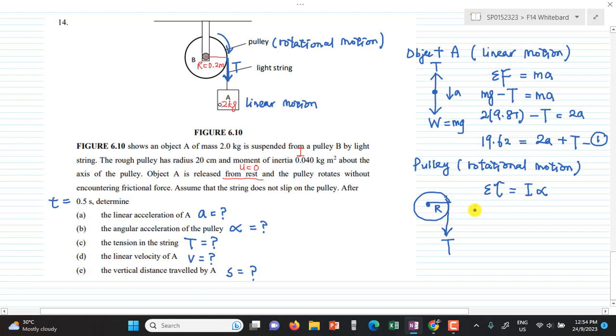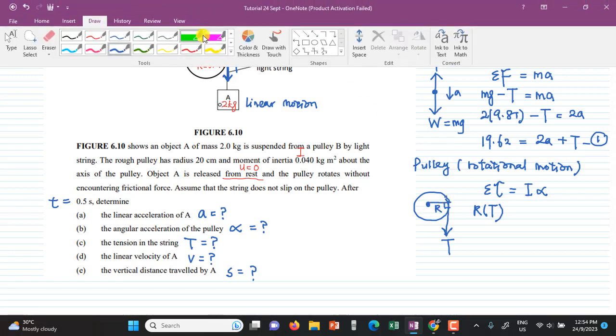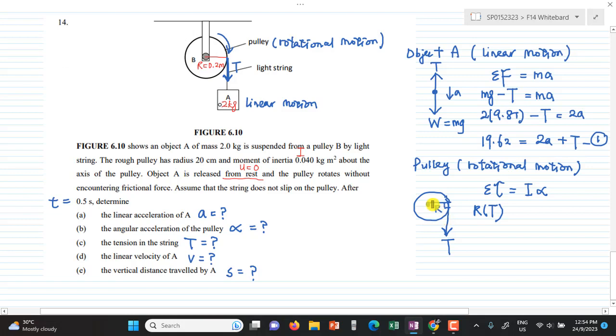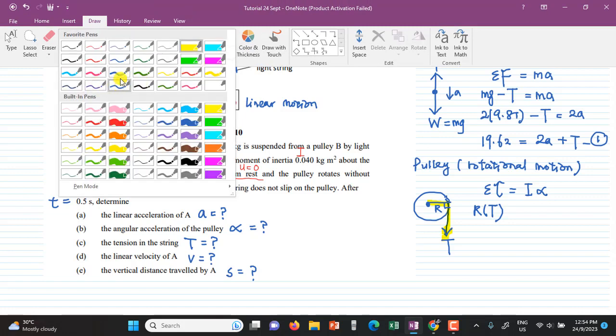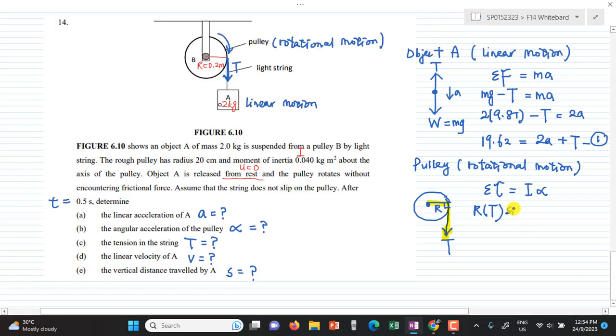The distance is r, the tension is T. This is the distance from the axis of rotation, and this is my tension. You can see very obviously the angle is 90 degrees.